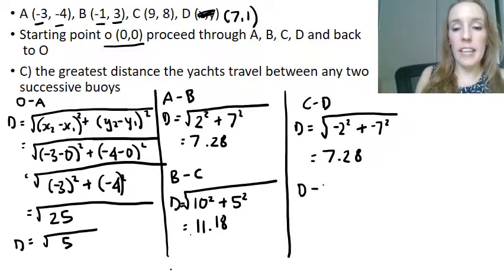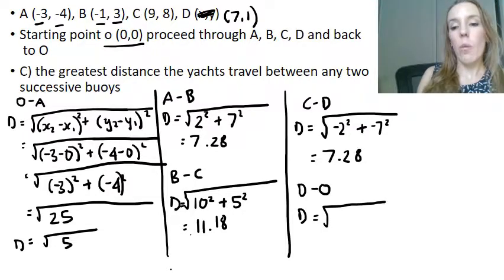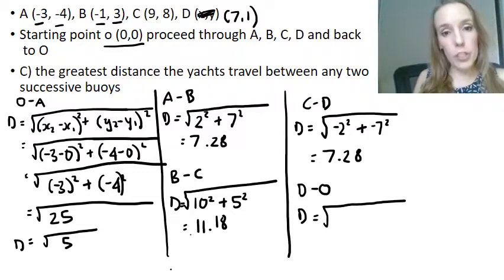And last of all, they have to go back to the origin. So they have to go from D to the origin. So again, the distance of that is x2 take x1 squared plus y2 take y1 squared, and then the square root of those added together. So x2 for this one is obviously going to be our origin, so it's going to be 0.